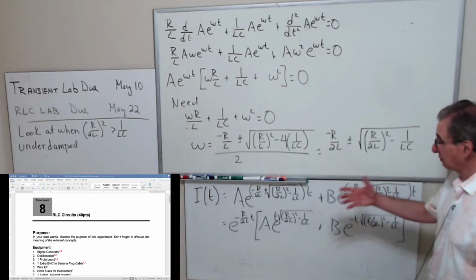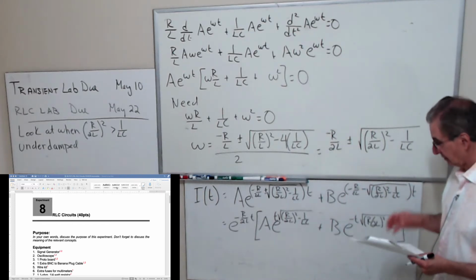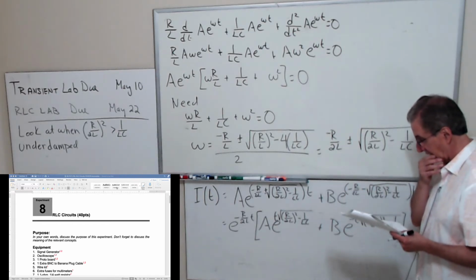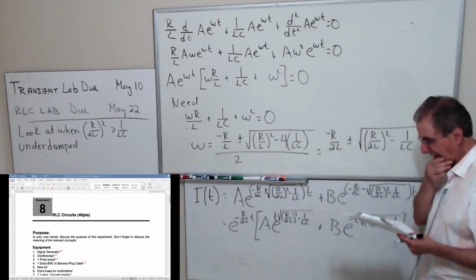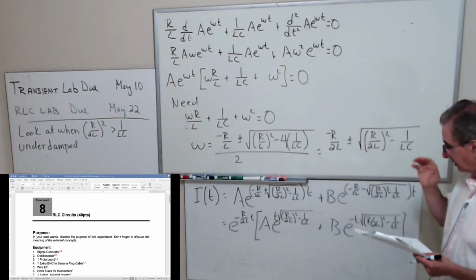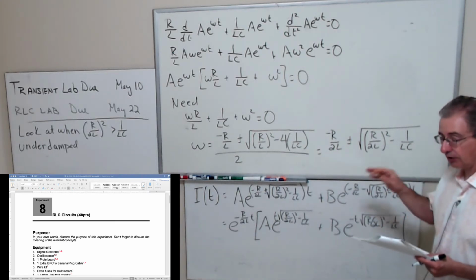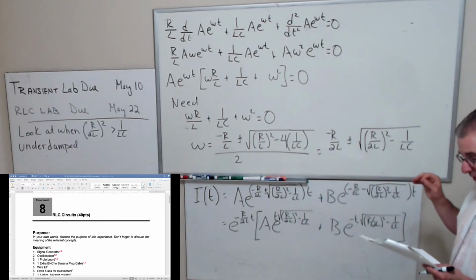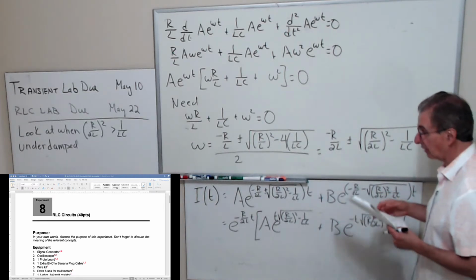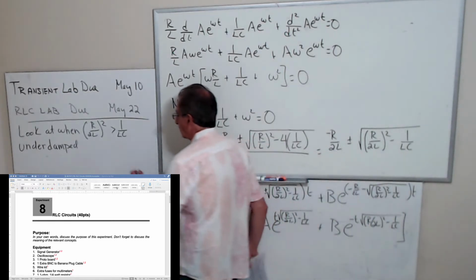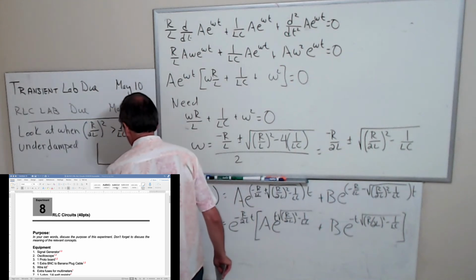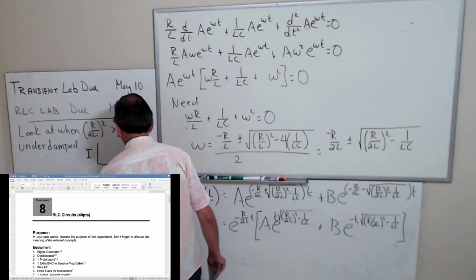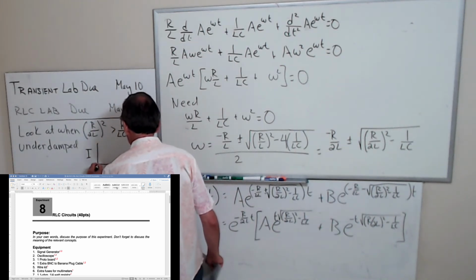So basically what you have is some sort of decaying exponential. The current goes to 0 and it decays exponentially without an oscillation. So if you plot I versus t in this particular case, it kind of does this.